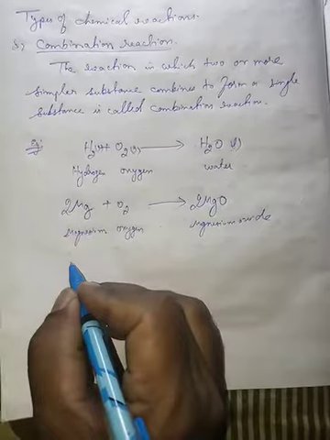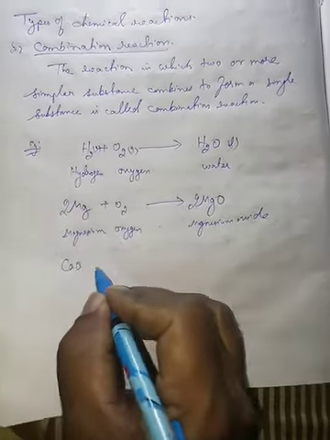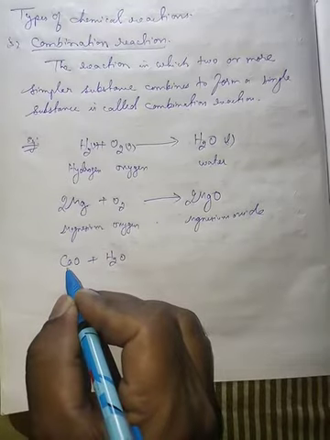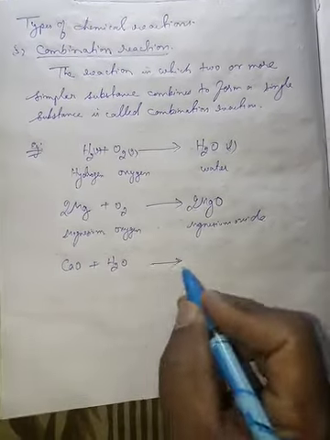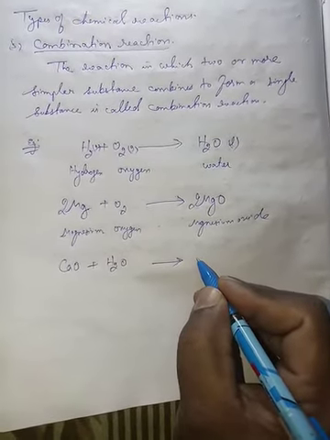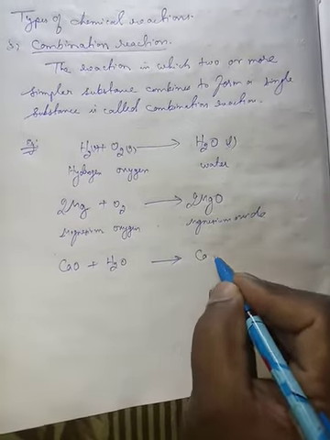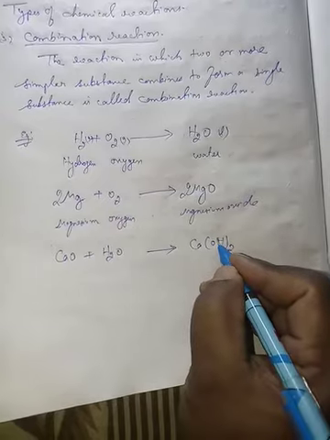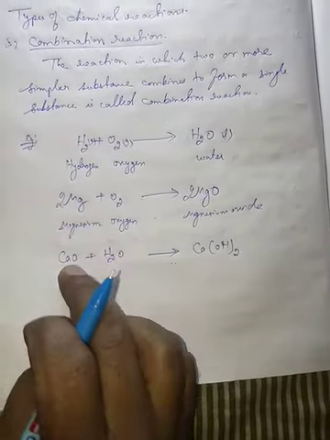Similarly, calcium oxide, called quicklime, reacts with water to form slaked lime, that is calcium hydroxide. It is also a single substance. Here two substances react, that is quicklime and water.